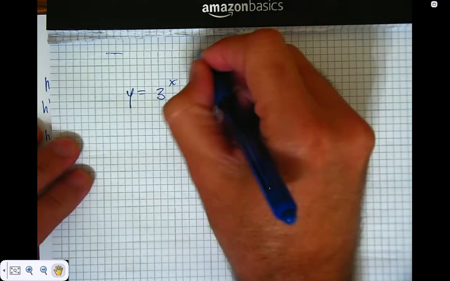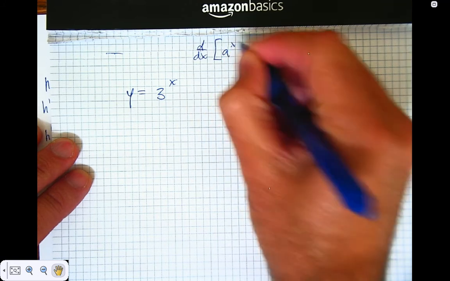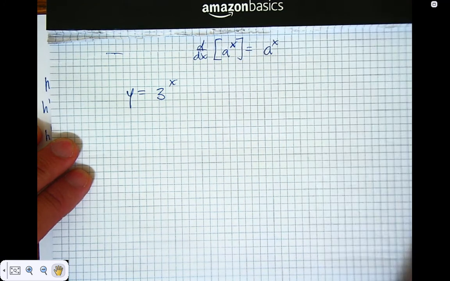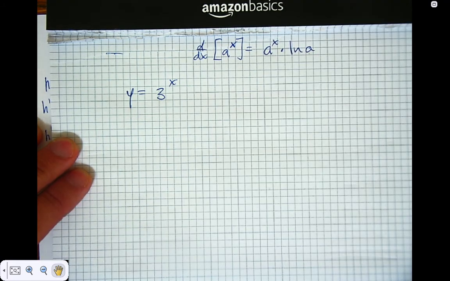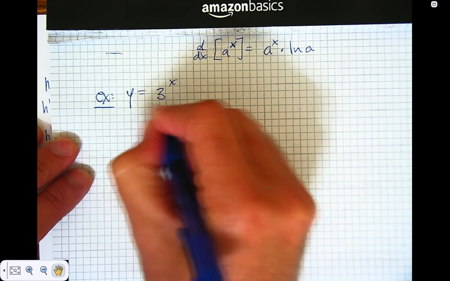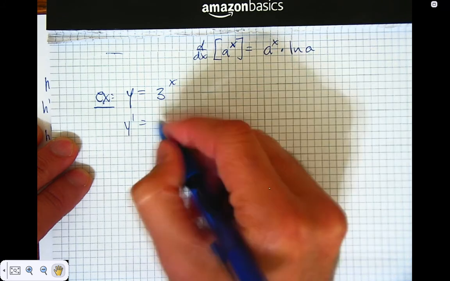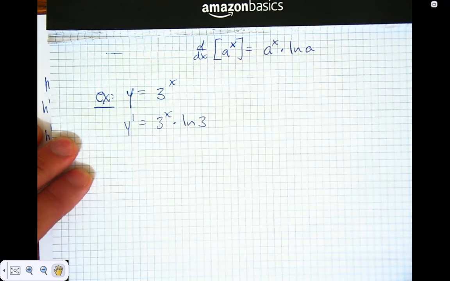It told me that the derivative of a to some power of x is equal to a to the power of x, I just rewrite it, times the natural log of whatever the base is. Okay, so let's go do that. Y equals 3 to the x, y prime equals, rewrite it, 3 to the x, times the natural log of whatever the base is.